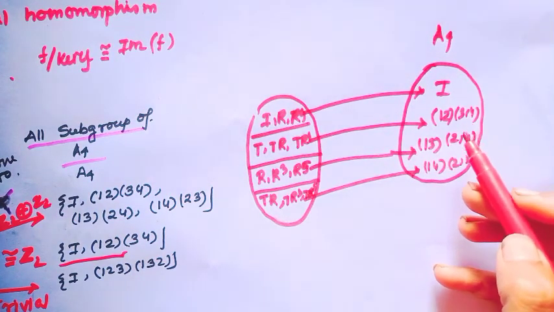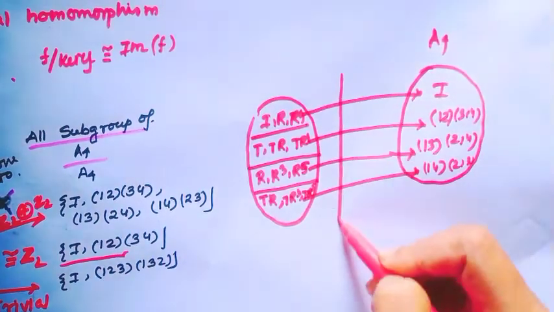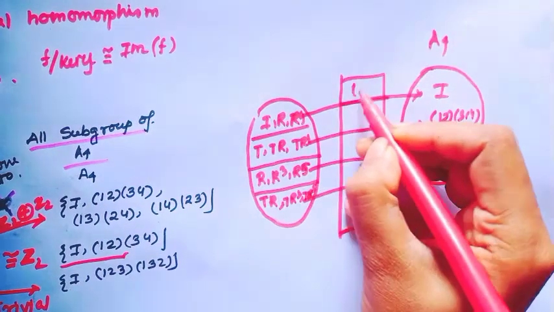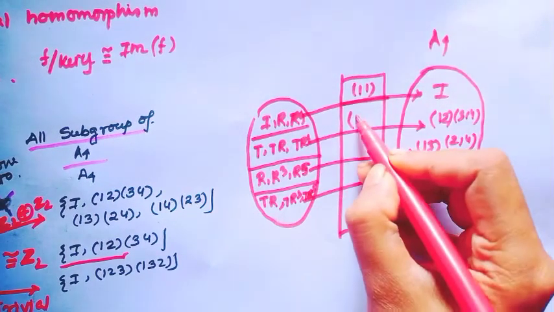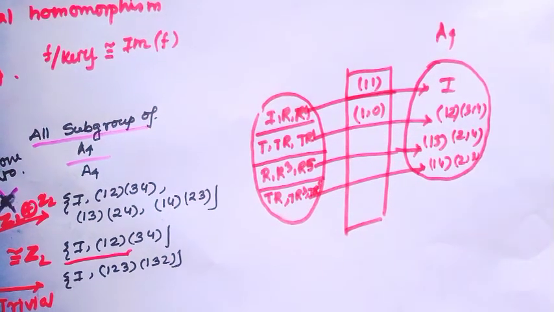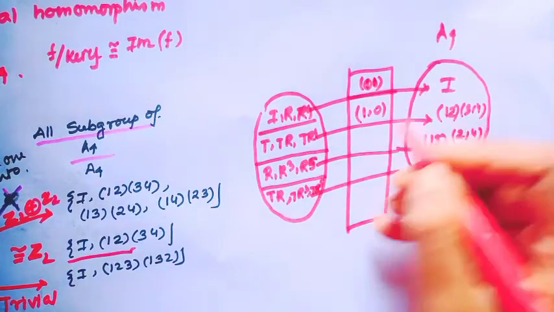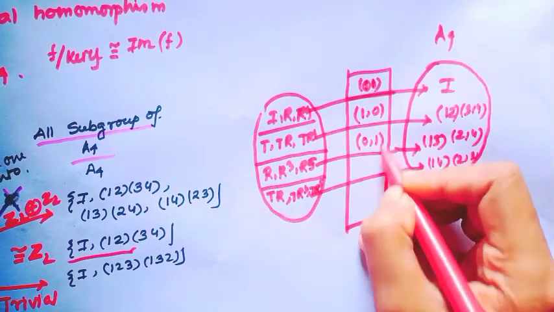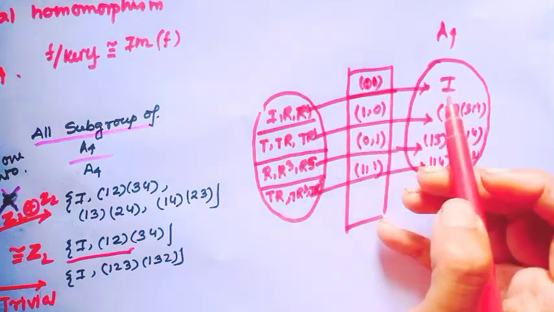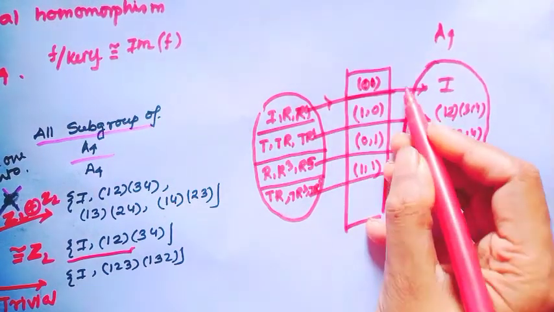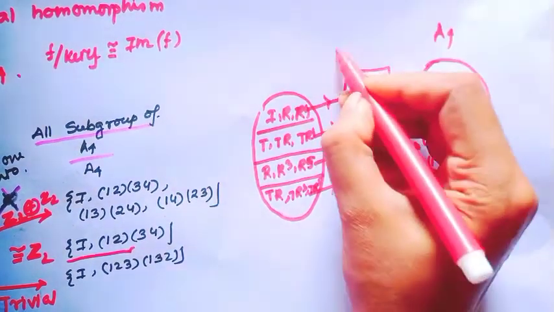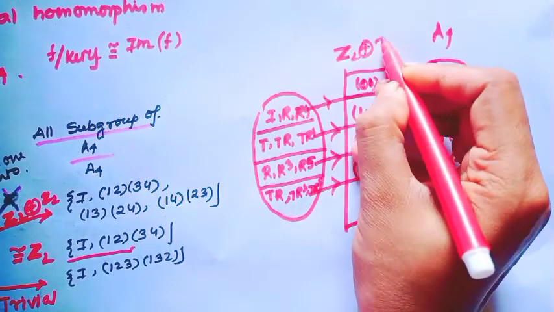This is actually similar to 0, 0, 0, 1, 1, 0, and 1, 1. Both the image and this factor group are similar to this, and this is actually Z2 direct product Z2.